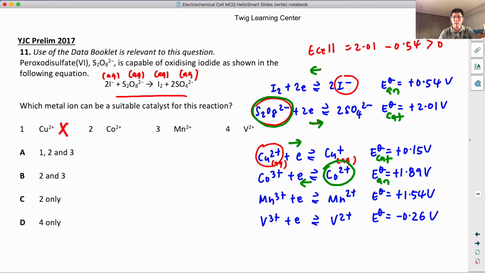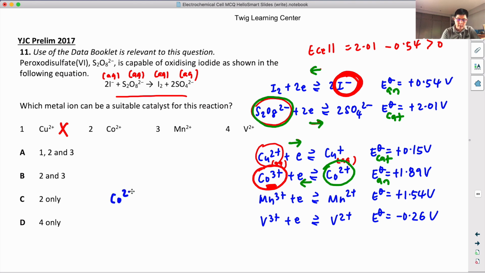And the E cell, you realize that it will be positive. So that can take place, right? And when that happens, you're going to get cobalt 3 plus, all right? Once you get cobalt 3 plus, the cobalt 3 plus that is being formed is going to react further with I minus. Can you see that?